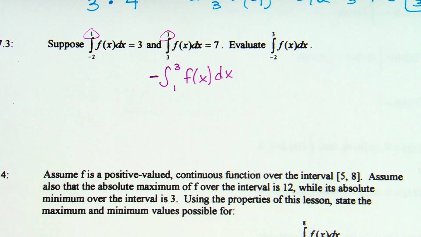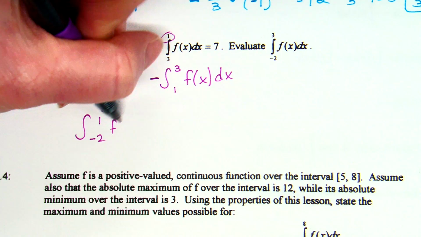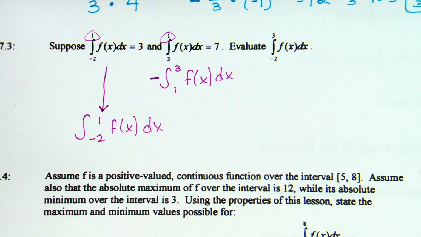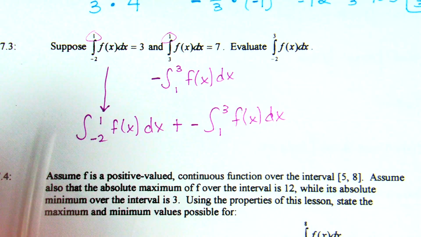So now, think about this. I have the integral from negative 2 to 1 of f of x dx plus the negative integral from 1 to 3 of f of x dx.